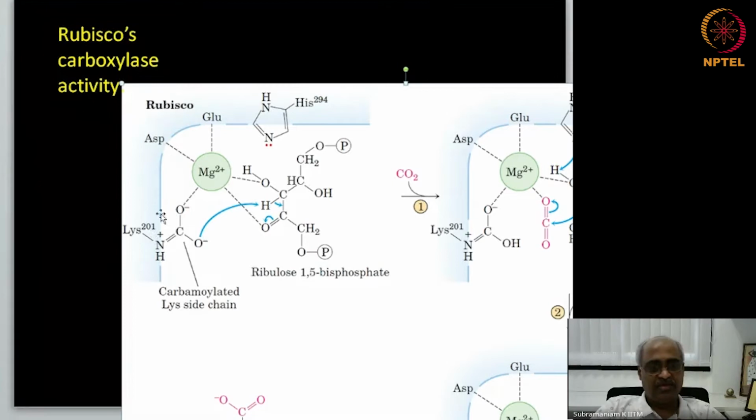And this is the carbamyl side chain. You know, carbamyl is NH2COOH, carbamic acid. Here the lysine side chain NH2 is in carbamyl form with this carboxylic group. And so this one is abstracting a proton from the substrate. So this is the ribulose bisphosphate, and again pay attention to the carbonyl group.